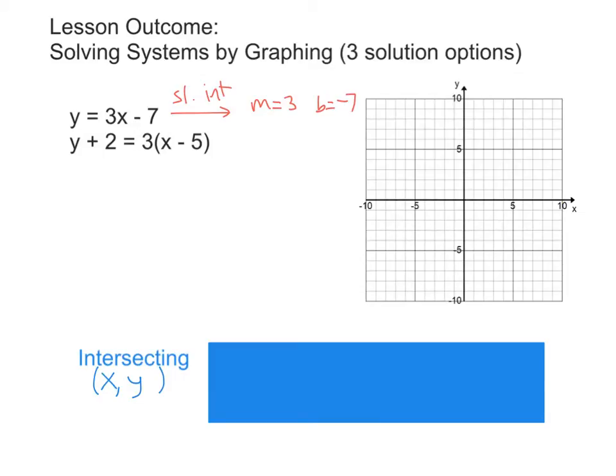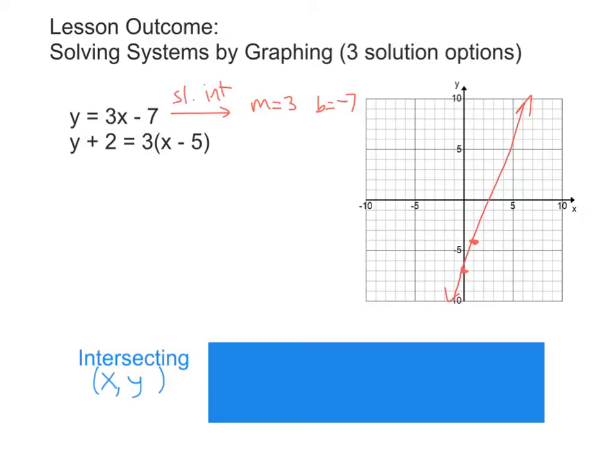Negative 7 on our y-axis is right here. And then we're going to use a slope of 3. So we're going to rise 3, 1, 2, 3, and run 1. And we'll get to this point right here. So now we draw our line through those 2 points.